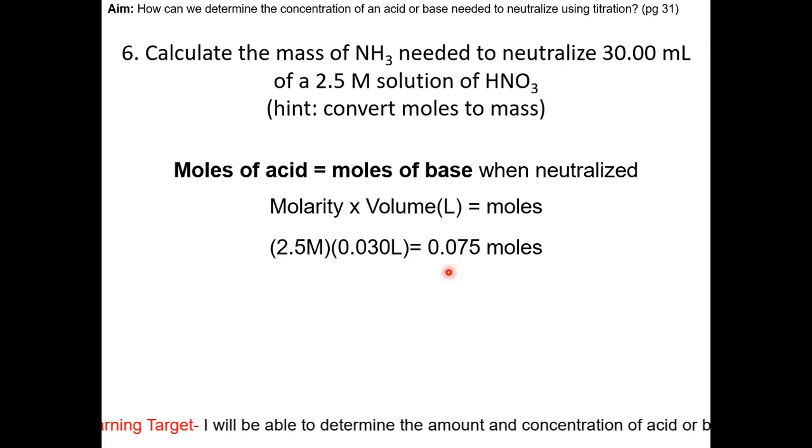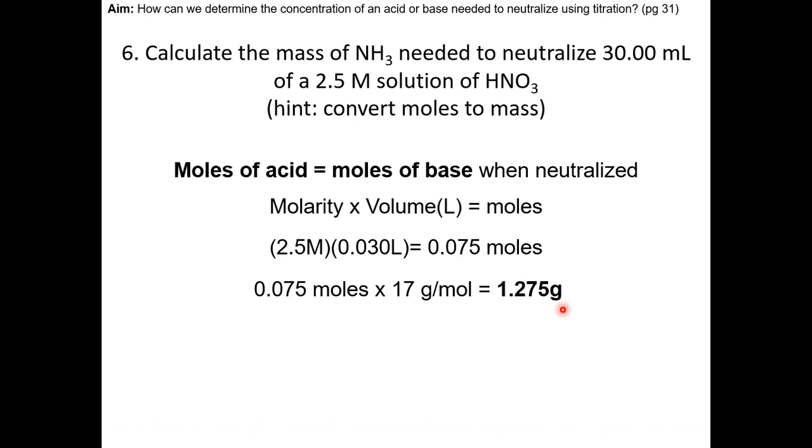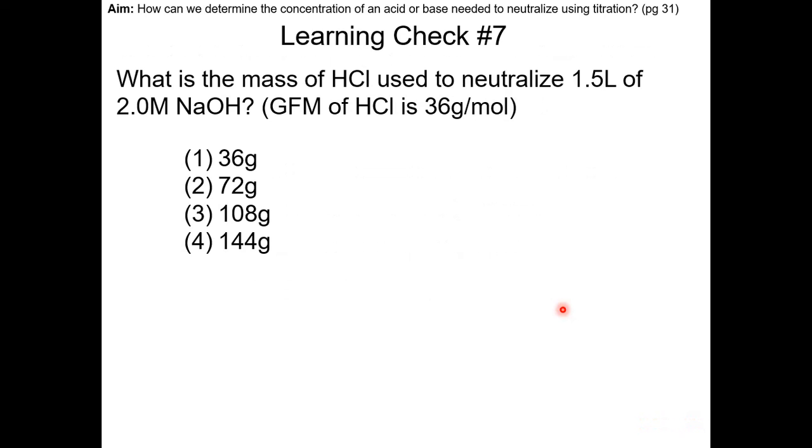So at neutralization, we have 0.075 moles of both the acid and the base. To calculate the mass of NH3 from moles, we need the GFM of NH3, which is 17. So 0.075 moles times 17 grams per mole gives us 1.275 grams of NH3 needed to neutralize the acid.